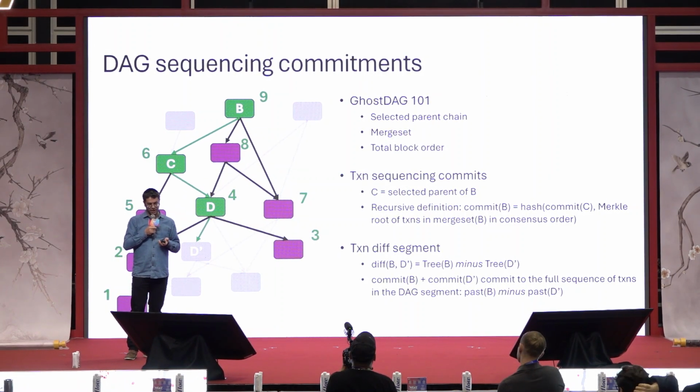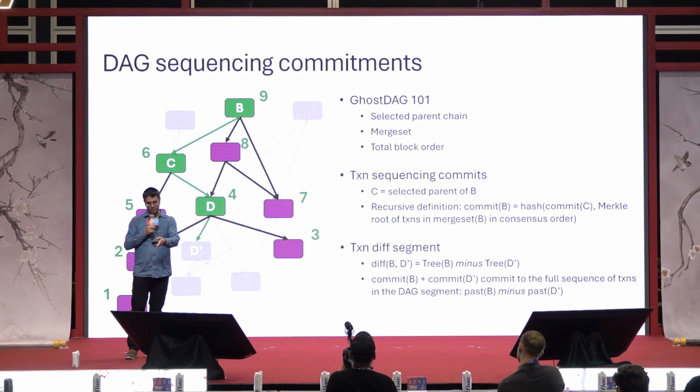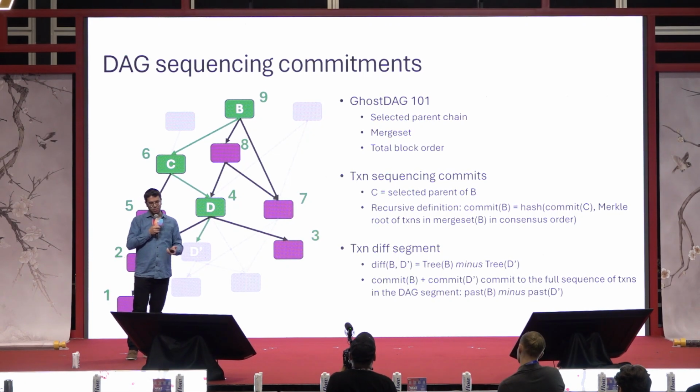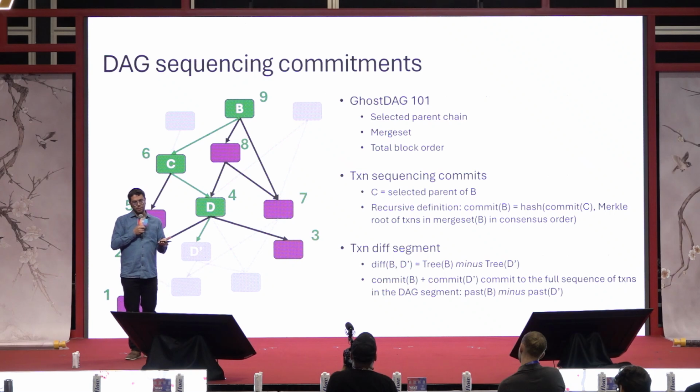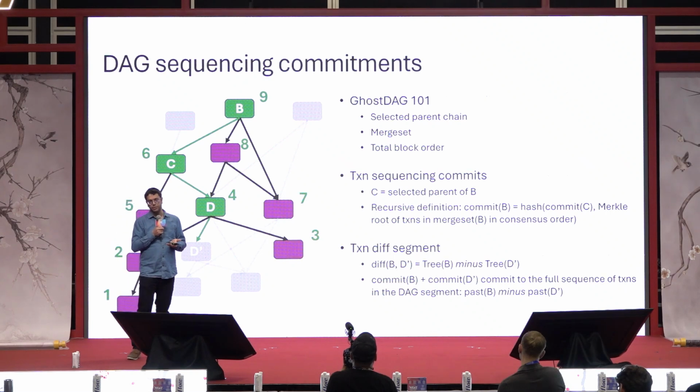For that, we define the middle bullet, the commitment of block B, if we take the top one. It's a recursive definition. It would be a hash over the commitment of its selected parent C, and a Merkle root of all transactions in the merge set of B, like from blocks 7, 8, and 9.